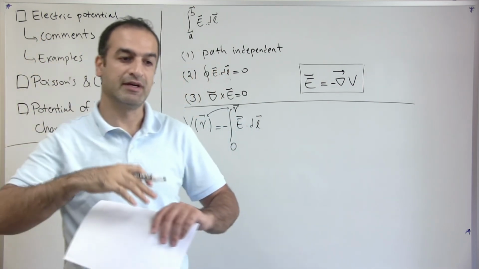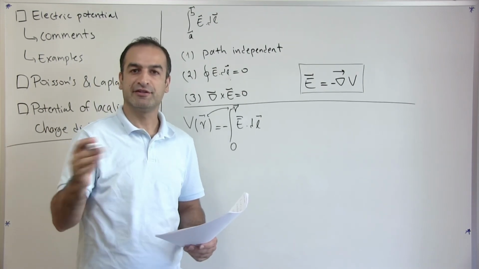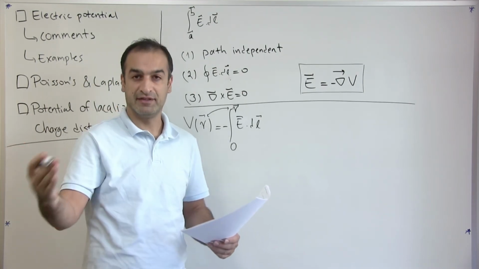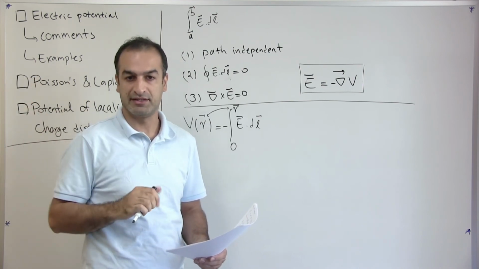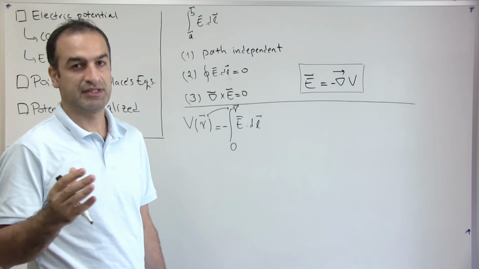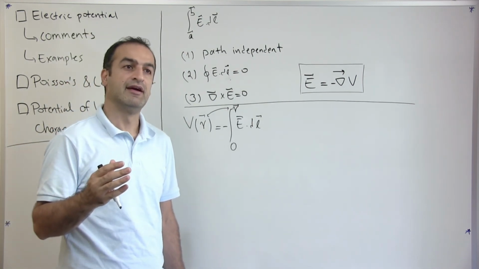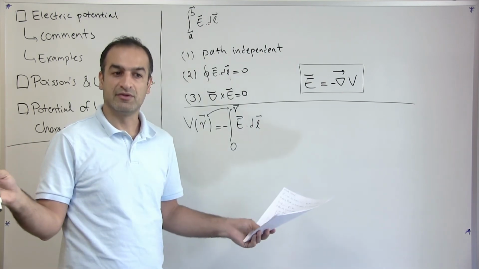Because if we are away from the charge distribution, the electric field vanishes, and we can assume that the electric potential at those points is 0. There are very special cases where we cannot make that assumption, where the charge distribution actually extends to infinity as well.